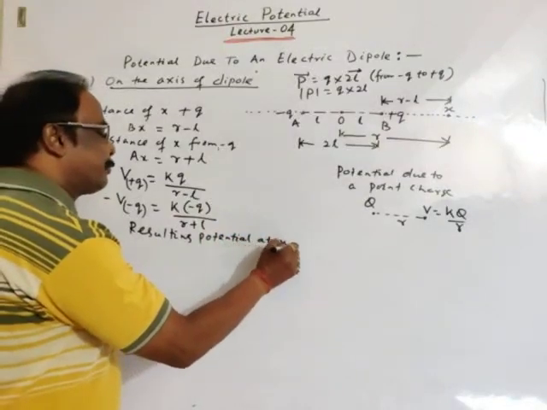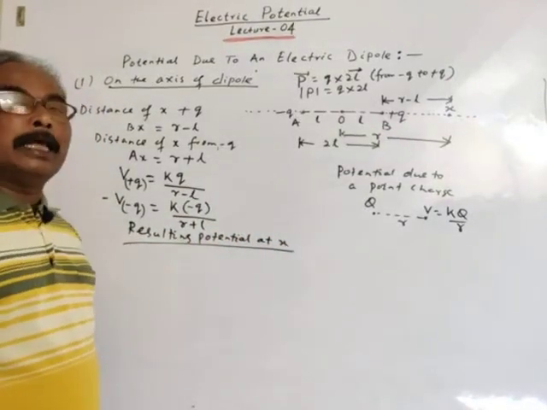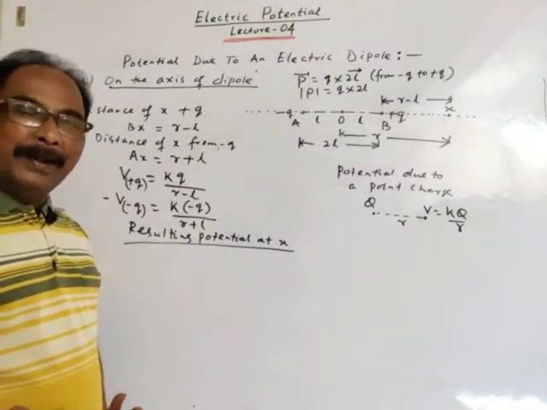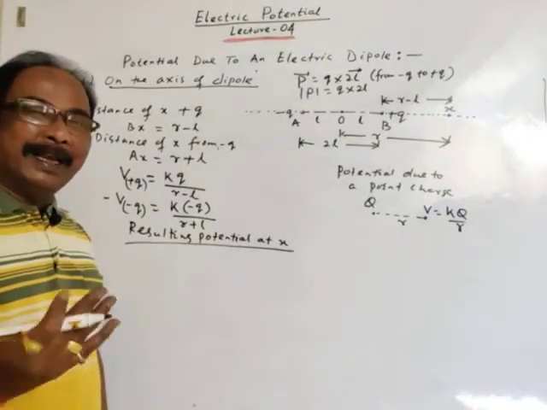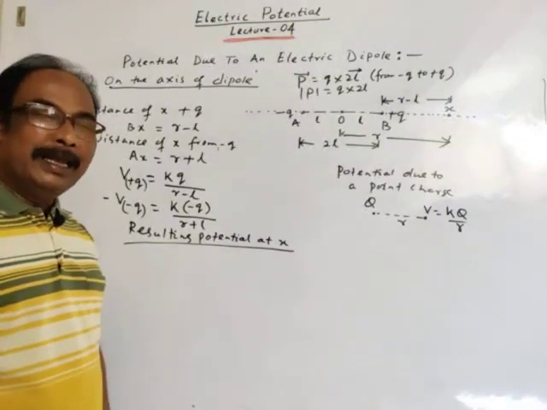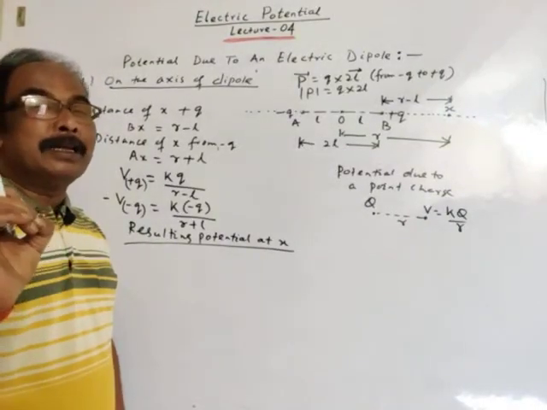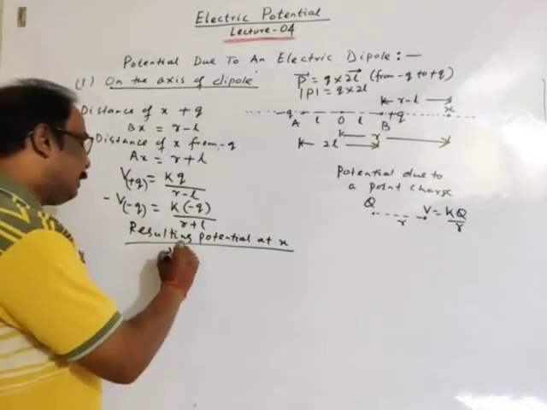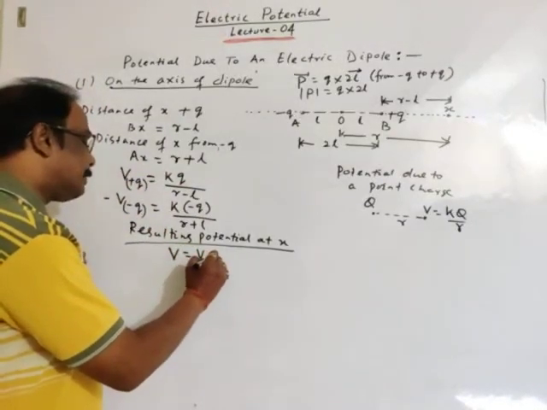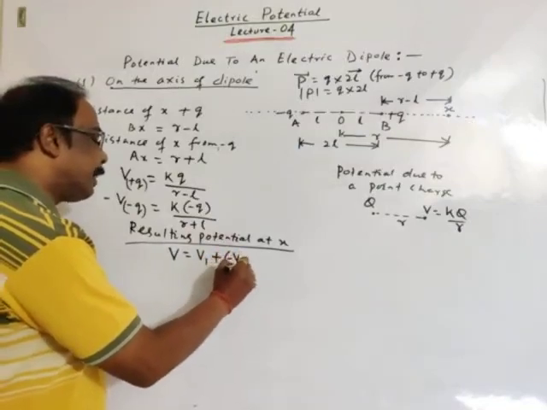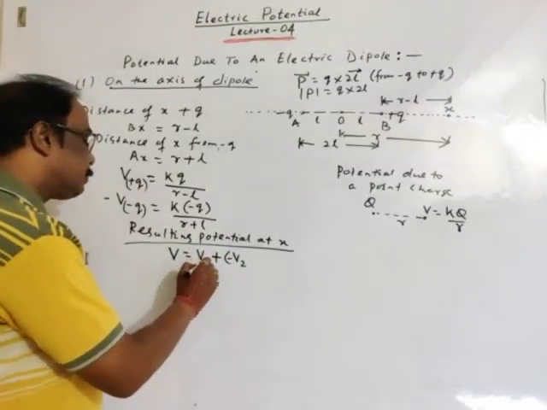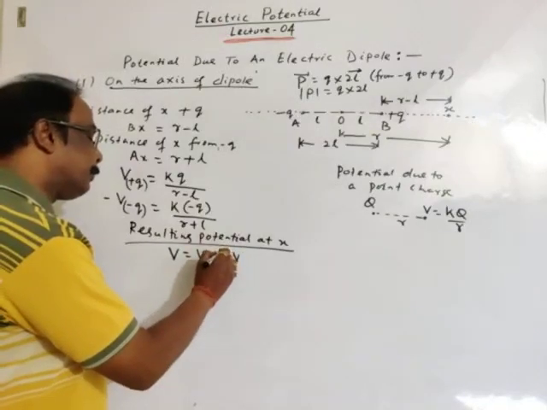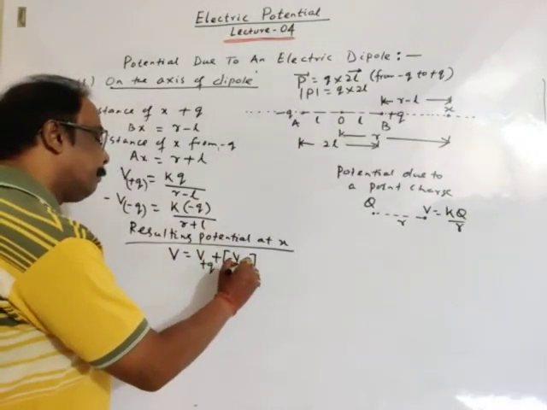at x. Since potential is a scalar quantity, we have already discussed potential due to a system of charges, or the superposition principle of electric potential. The resulting potential is the sum of potentials due to the charges. This is potential due to plus q, and this is potential due to minus q.